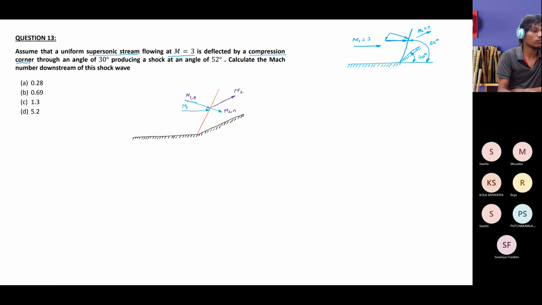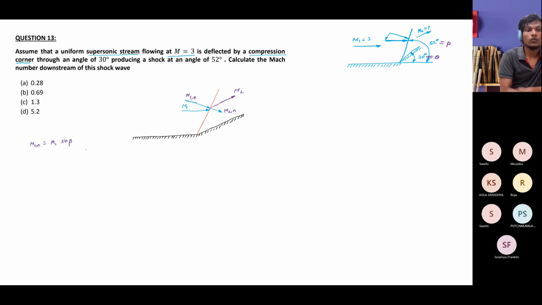Using the trigonometric relations, we can find that M1N is equal to M1 sine beta. What is this beta? This is your beta, the oblique shock angle.